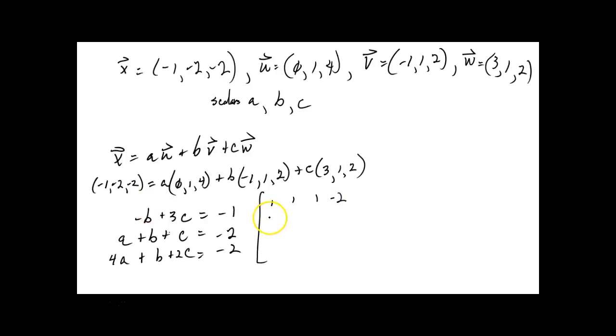Then the next one's going to be 0, -1, 3, -1. The last one's going to be 4, 2, 2, -2. Got it. Okay. Now, I've already accomplished what I wanted at the beginning. I wanted a 1 in the upper left, and that's why I flipped them right there, because I knew that would give me a 1 in the upper left. And I even have the next one done, a 0 below it.